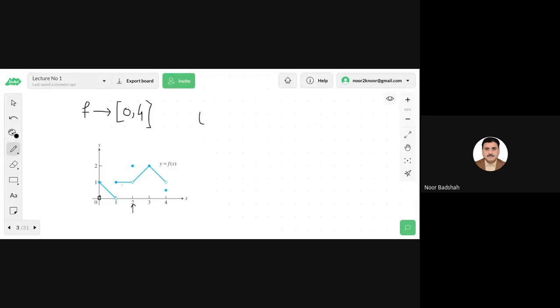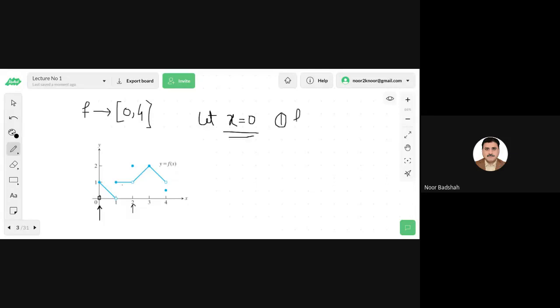Let's suppose x is equal to 0. We check continuity at x equal to 0, keeping in mind x equal to 0 is the left end of the interval. We check continuity here. So what about f of 0, the condition number 1? We would find f of 0 first.